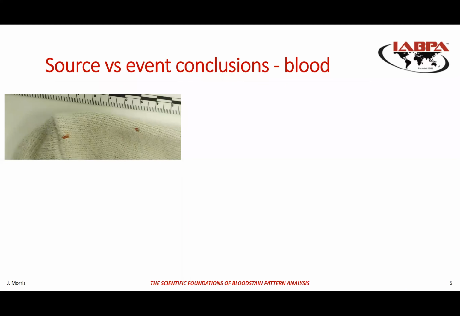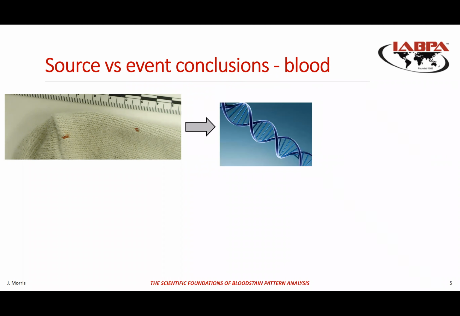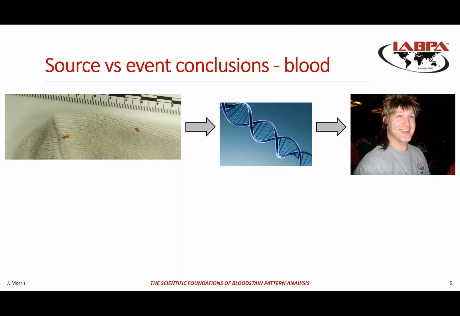When it comes to blood, we can extend this even further, or look at it more specifically. Here we have two red-brown stains on a sock. They visually look like blood. So we'll take cuttings of the sock, do some extractions and analyses, and again, we're able to make a source conclusion that the DNA from the cuttings of the red-brown material on the sock is associated with this person.